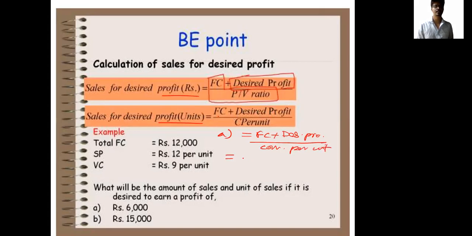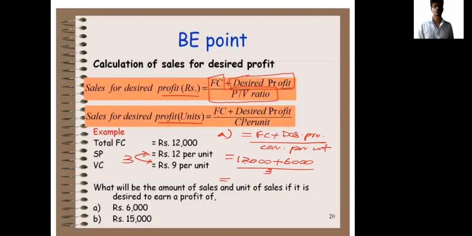Here fixed cost 12,000 in A, desired profit 6,000, contribution per unit 12 minus 9, 3.